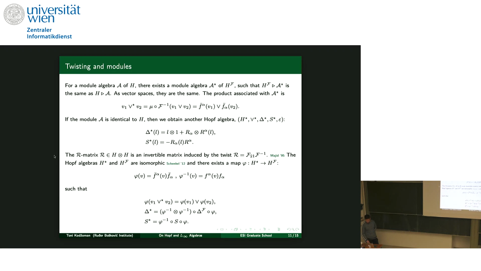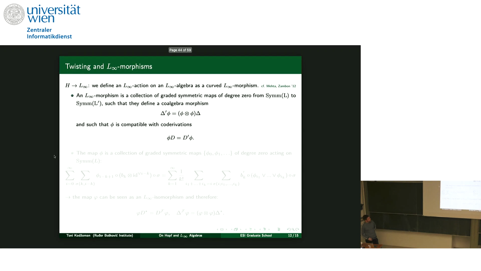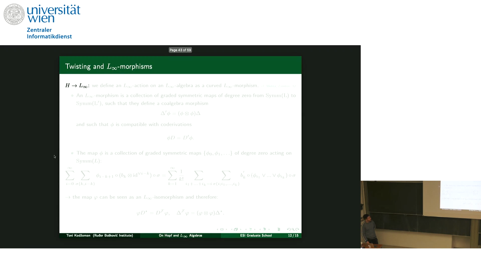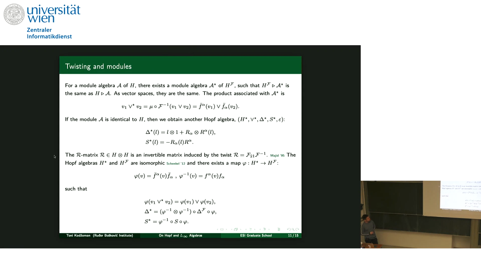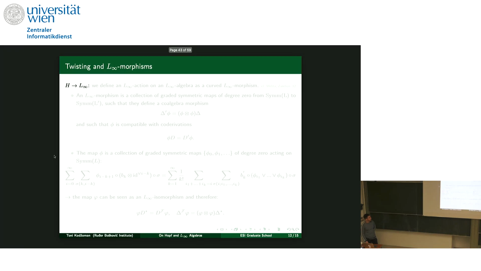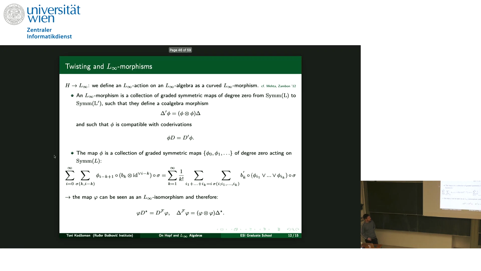This relation and this relation are one and the same, with delta prime being delta F and delta being delta star, meaning that we also get another relation here on the level of L-infinity isomorphisms, which is given right here.